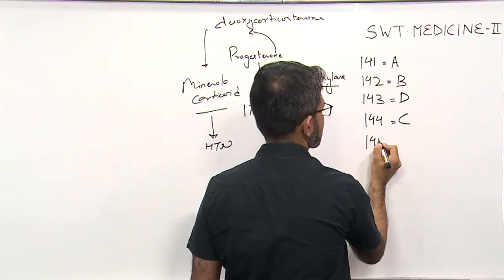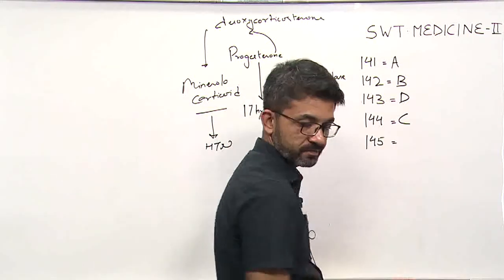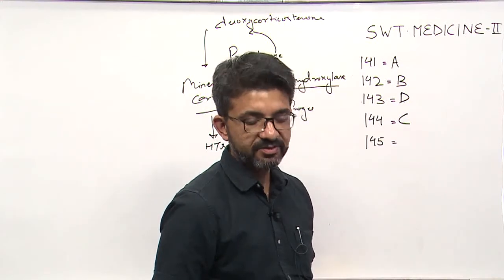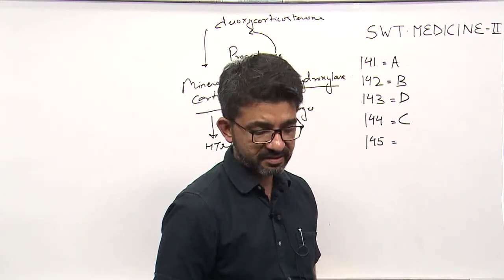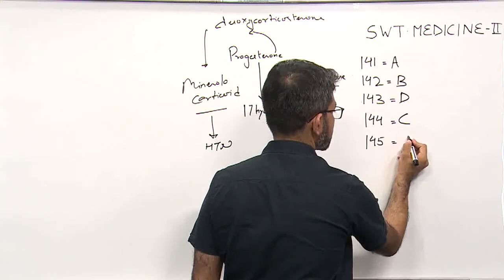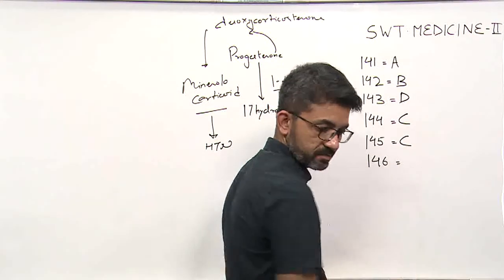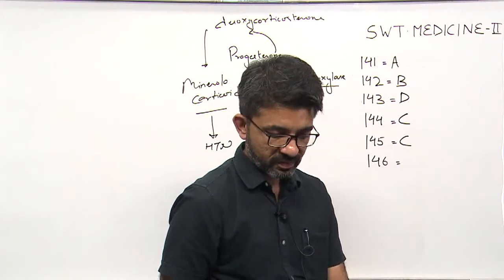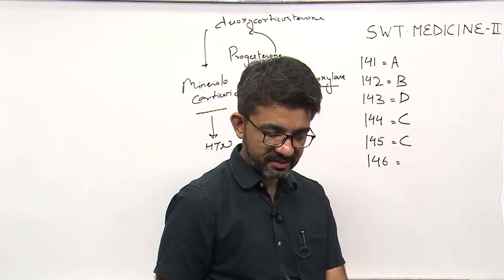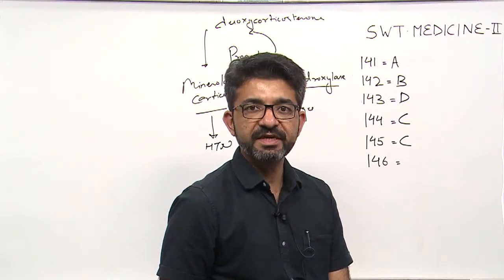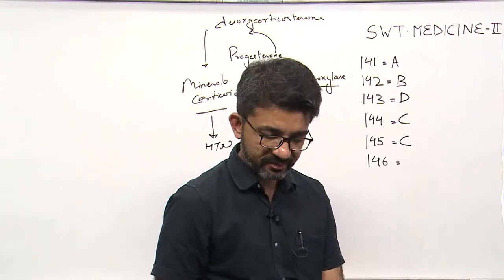Question number 145. The drug is actinomycin D, you have to remember it as such. Answer is C. Question number 146. Isolated PTT prolongation, it reflects intrinsic pathway defect.